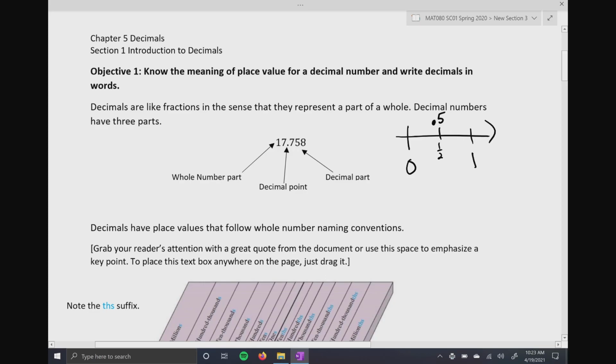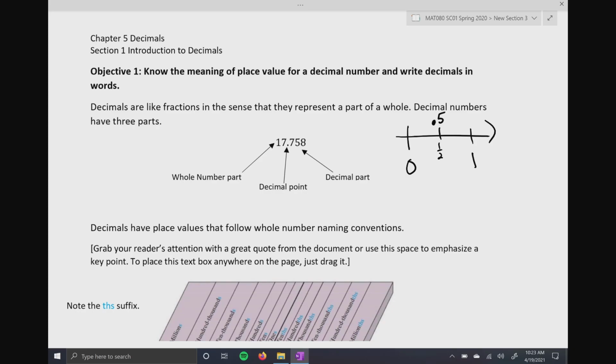So a decimal gives us numbers that are in between whole numbers. And all decimal numbers will always have 3 parts. They have a whole number, which is out front of the decimal, then the decimal point itself, and then the decimal part at the very end.